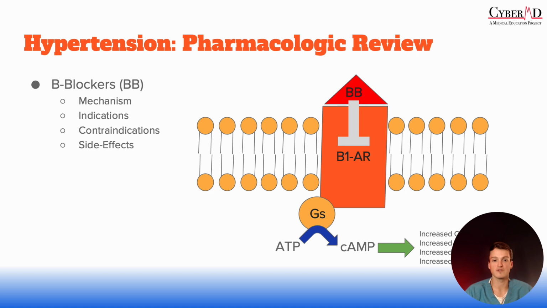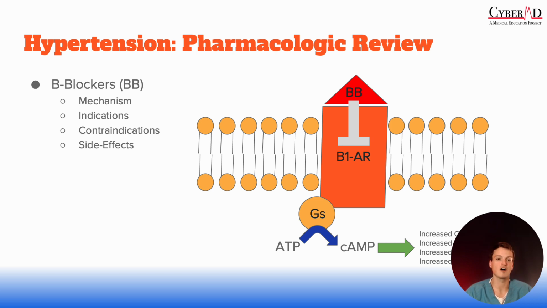And while they're generally safe and very versatile, they do have contraindications, including asthma or COPD, as they can exacerbate bronchoconstriction. Patients who have severe peripheral arterial disease, they can worsen symptoms of claudication. Patients who have decompensated heart failure, particularly with these non-selective beta blockers, they can worsen the condition.